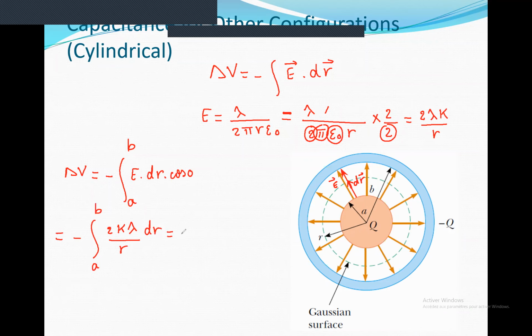We have 2 constant, k is constant, lambda is constant.